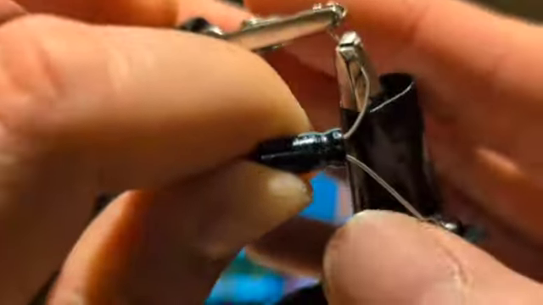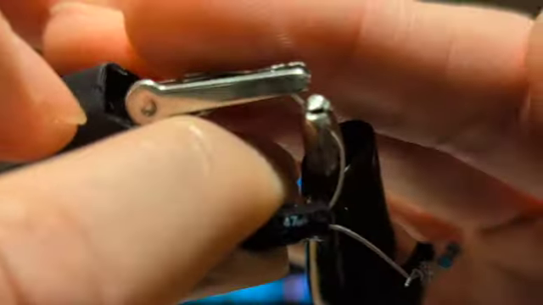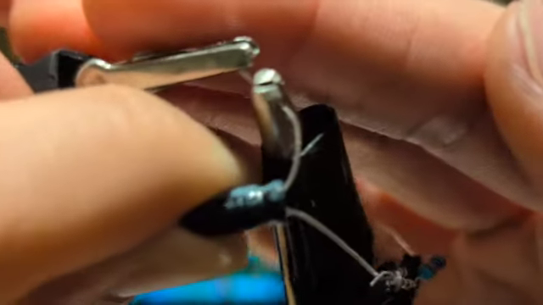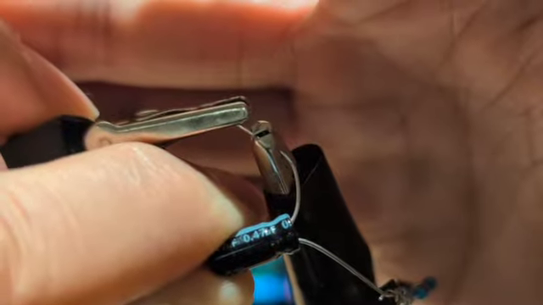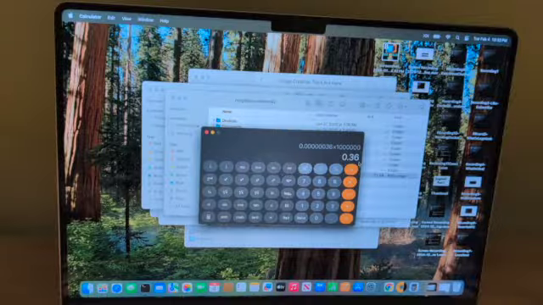I think I see it. Sorry about this. There we go. 0.47 microfarads. So we're a bit off, but that's to be expected. I guess this is not a very accurate way of capturing it.